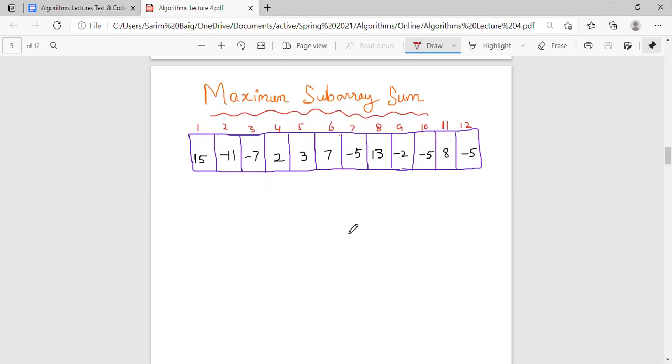If you pause the video and find the maximum subarray in this example, you will see that this 15, which is the greatest element in the array, is not part of that solution. So it's not necessary that you pick the largest positive element and grow the array around it.